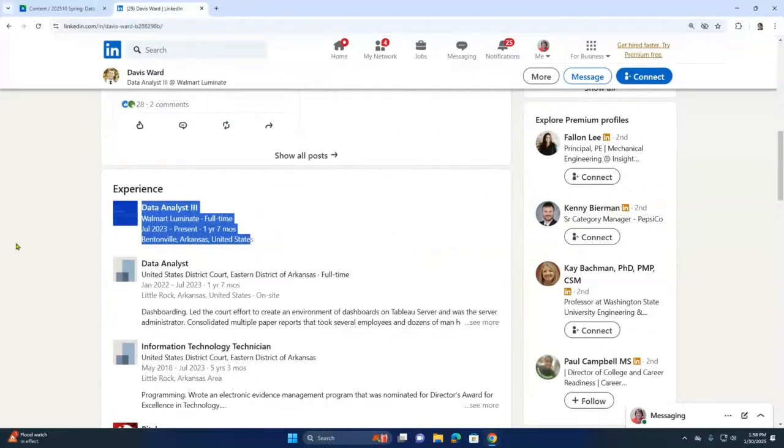And for us in the information science department, that's kind of a big deal. Whenever we have a student who says, I was able to get a job at Walmart or Amazon or Google, our ears really pick up because these companies recruit from all over the country and all over the world. So it is very competitive.